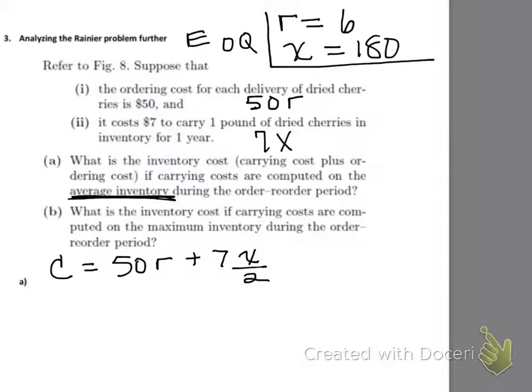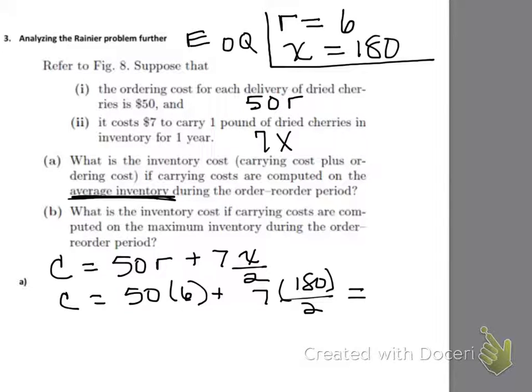Okay, for A, I already know the costs because I have established by the table on the previous problem that the R is 6 and that the X is 180. So if you do the math, what you will find is that your cost is going to be $300.